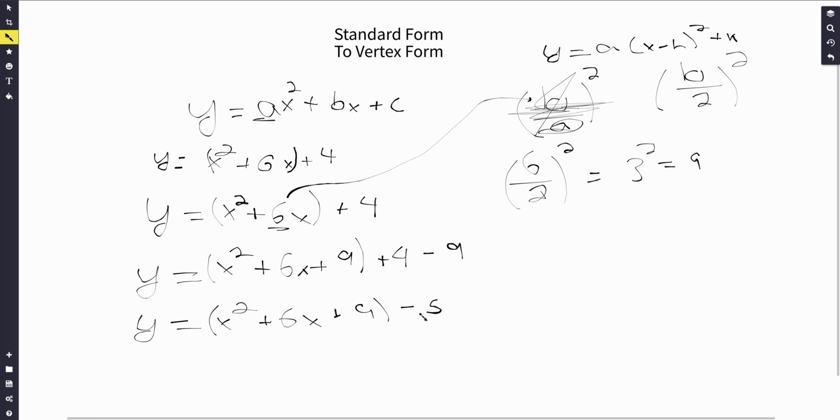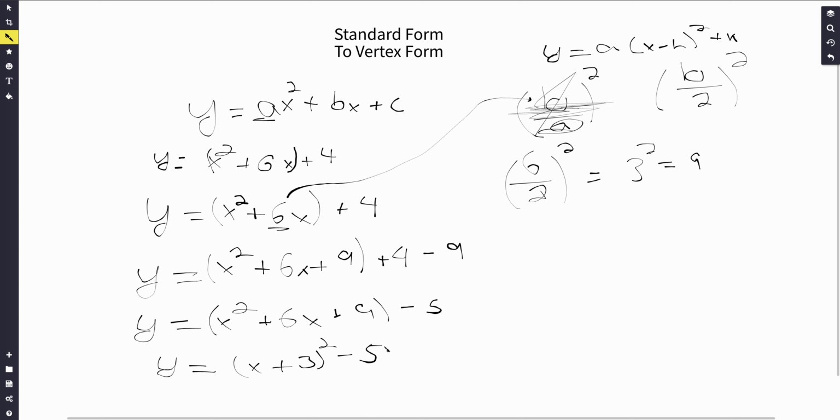Now this is looking a little more like vertex form. We have the h value right here. So now all we have to do is factor this. So this would factor into y is equal to (x plus 3) squared minus 5.